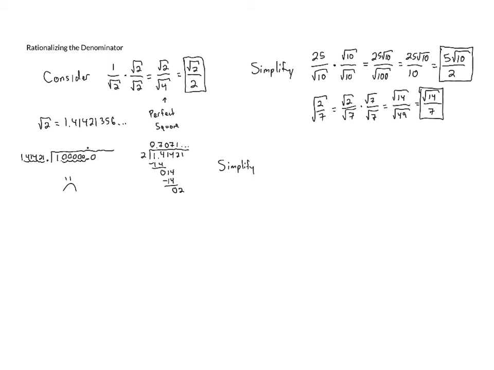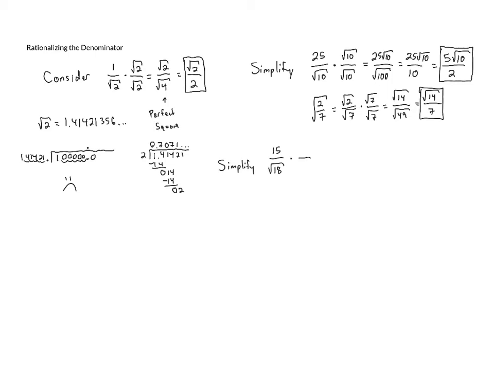Let's simplify 15 over the square root of 18. Now we're going to do this problem twice. The first time we're going to do it just like all the other problems, and then the second time I'm going to show you a way that's a little bit less work.